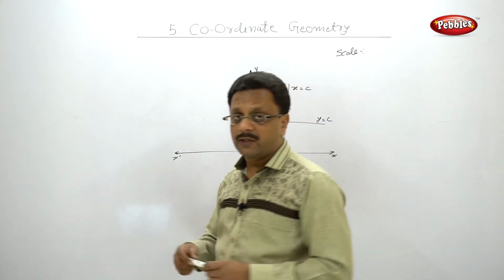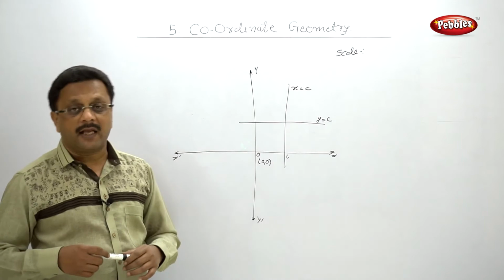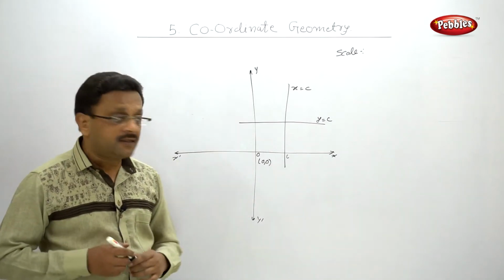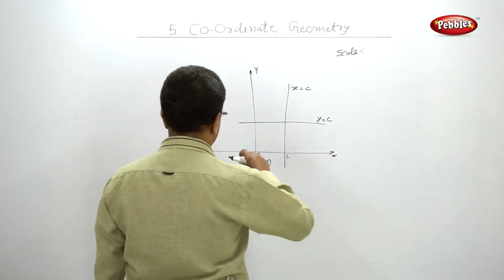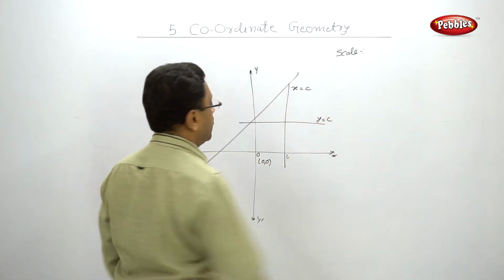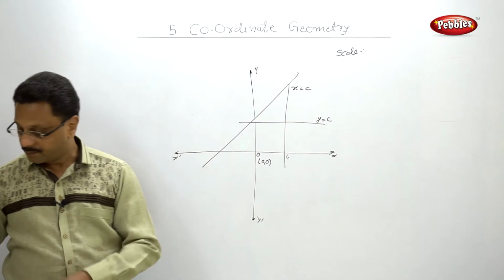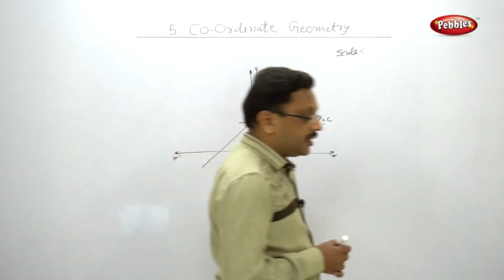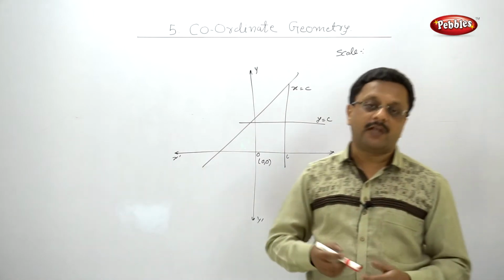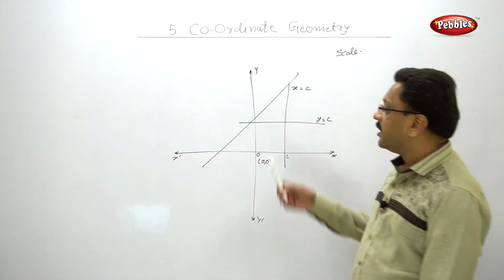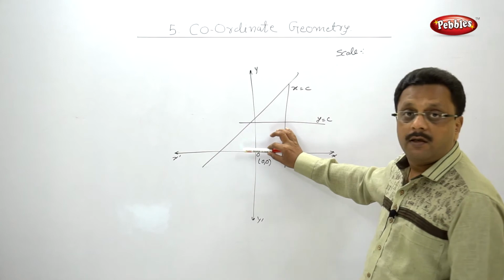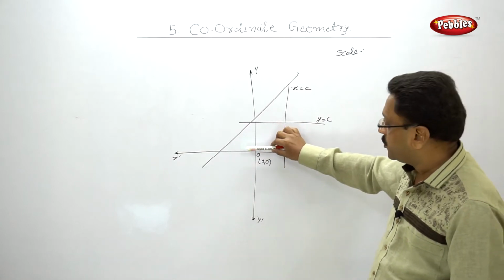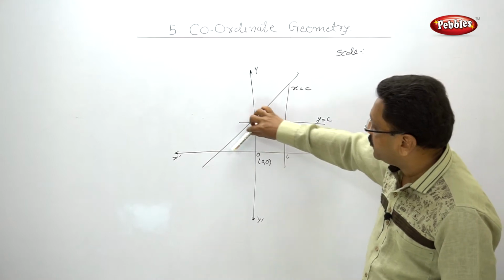Now we also know that not necessarily all the lines are parallel to the x or y-axis. Lines are inclined also. Suppose this is my inclined line. Now in this case, what is the inclination of the line? Inclination of the line is nothing but the angle it makes with the x-axis. Now suppose this is my line and it is making some angle here.